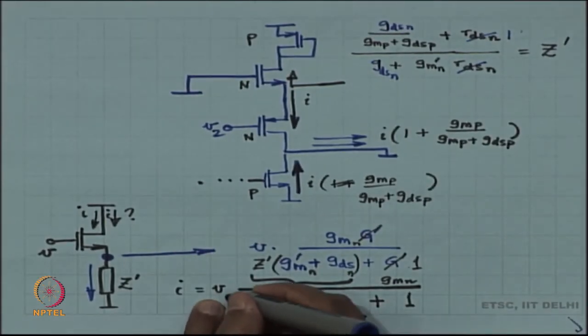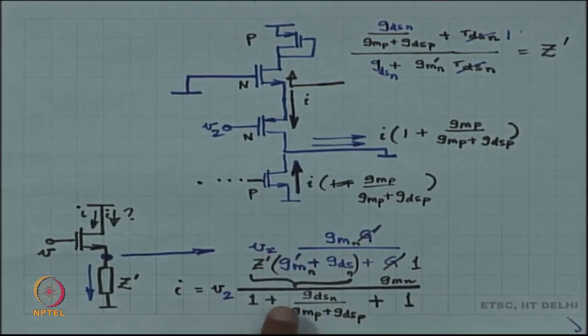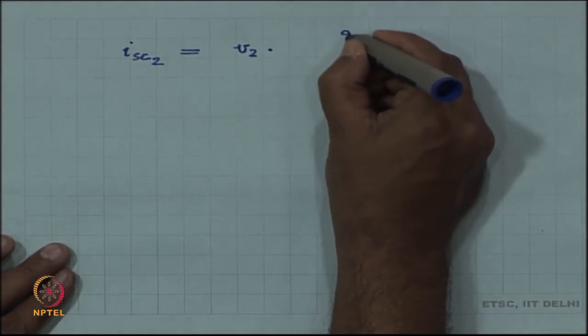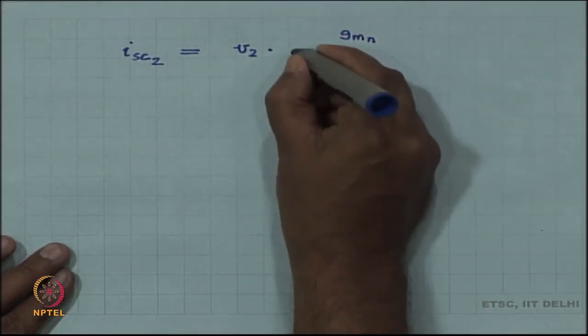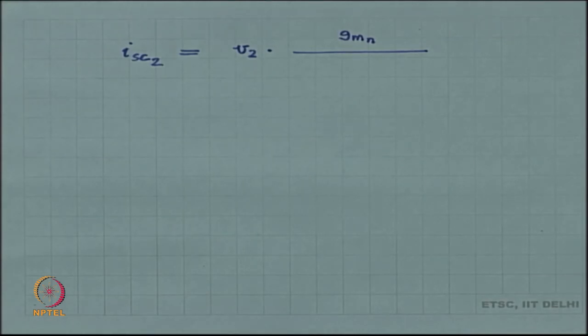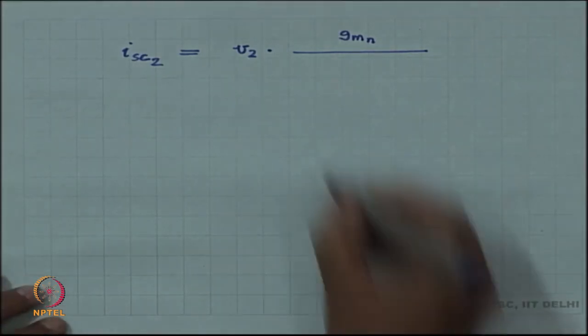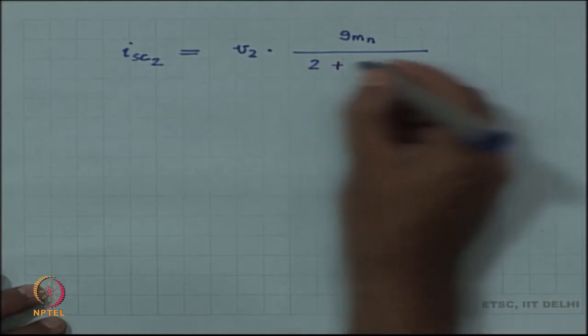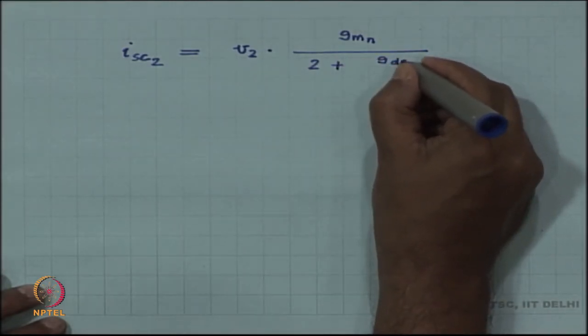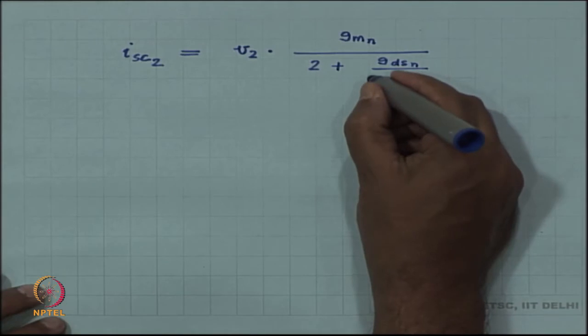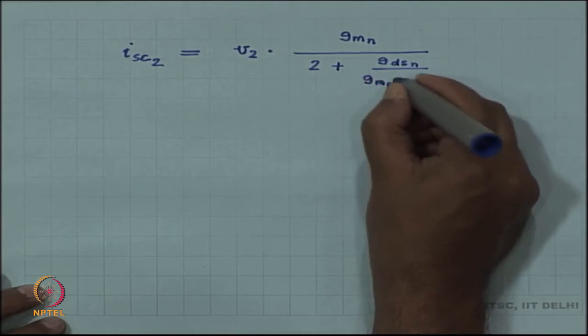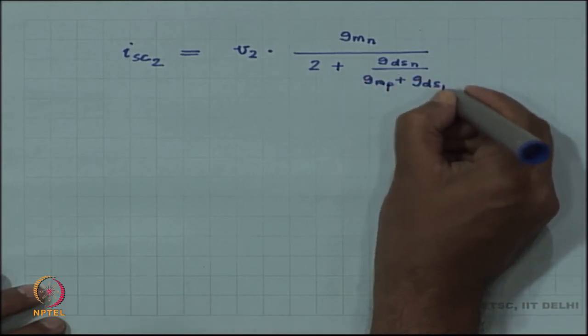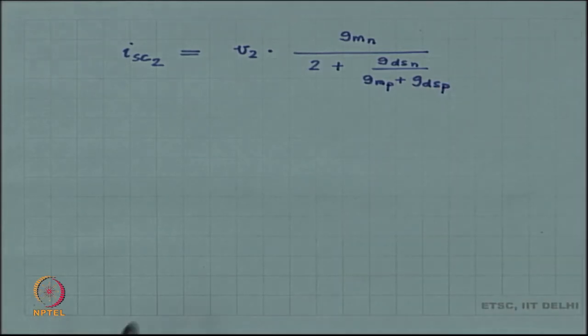First I applied V2 and I got a current I. Okay, this was the current that I got when I applied V2.